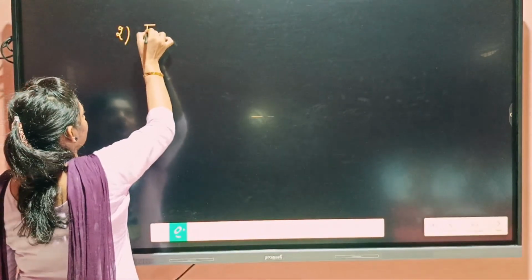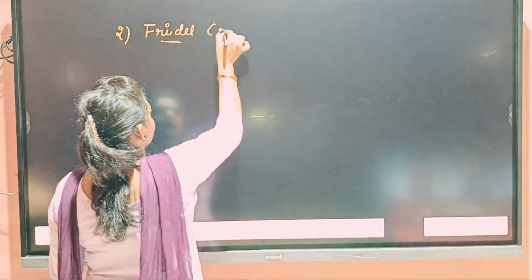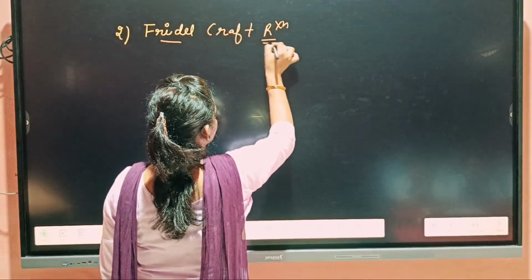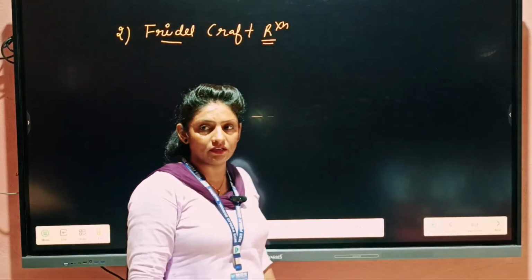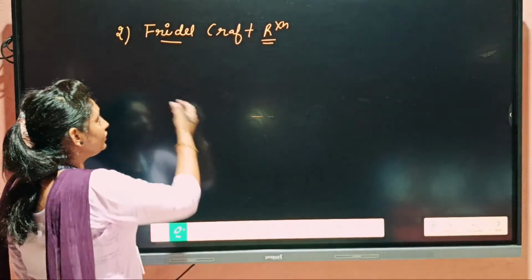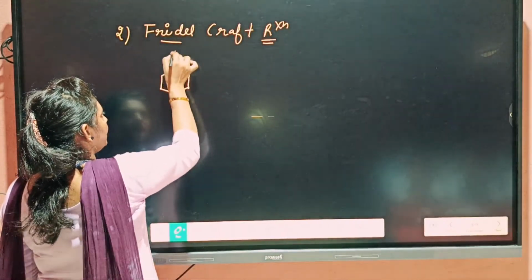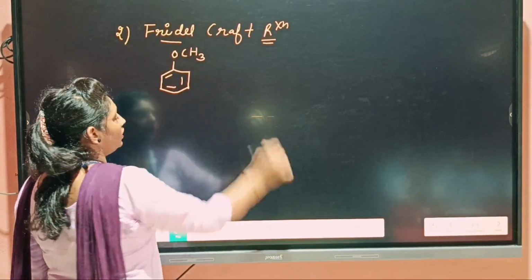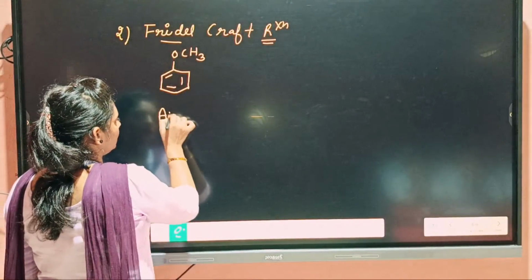Our second reaction is the Friedel-Crafts reaction. It also shows the electrophilic substitution mechanism. What is the Friedel-Crafts reaction? Here, our substrate is ether, it is anisole.